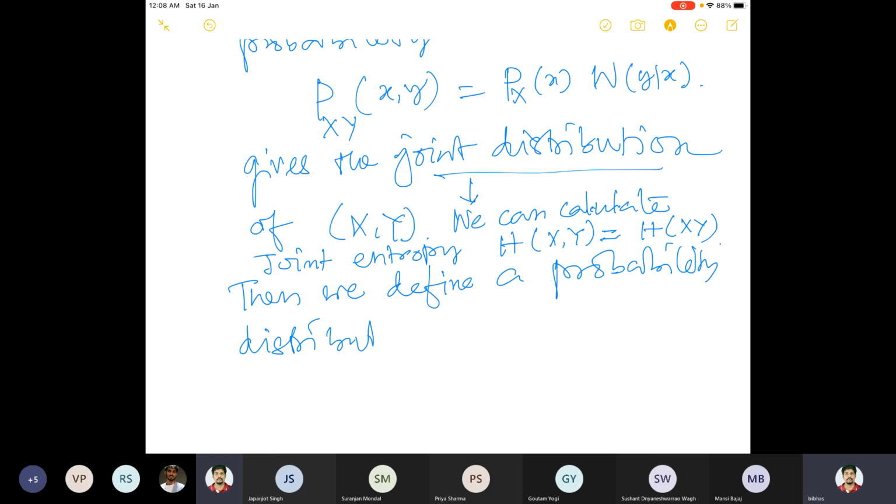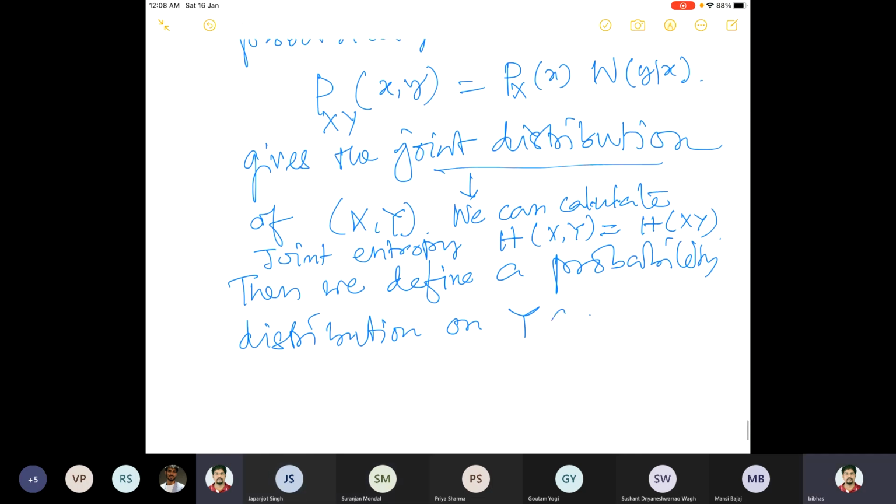This is the distribution on Y, which is given by all this, as follows.